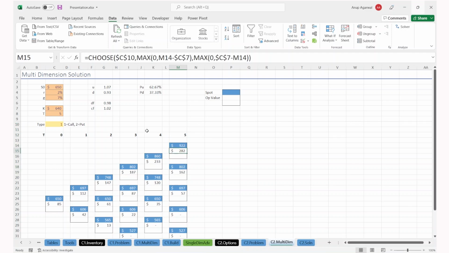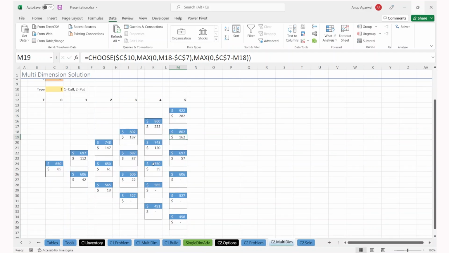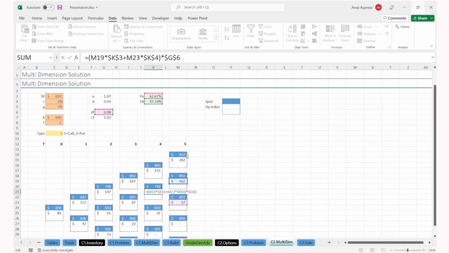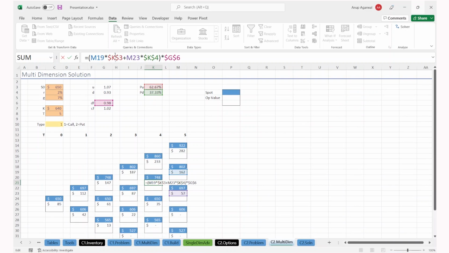If it's a call option, then there is mathematics to tell you that if the stock price is 992, then the option price is 282. If the stock price is 802, the option price is 162. And then you discount it backwards. So this 122 is this 162 and 57 multiplied by their respective probabilities.